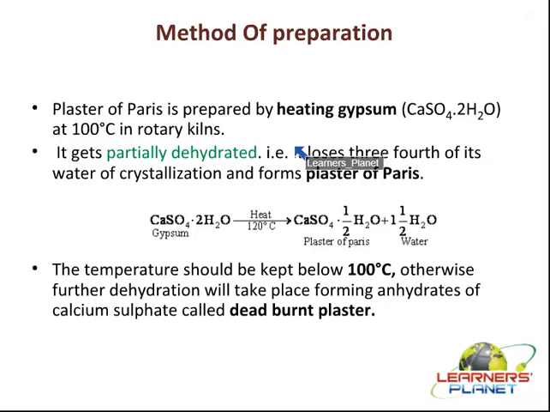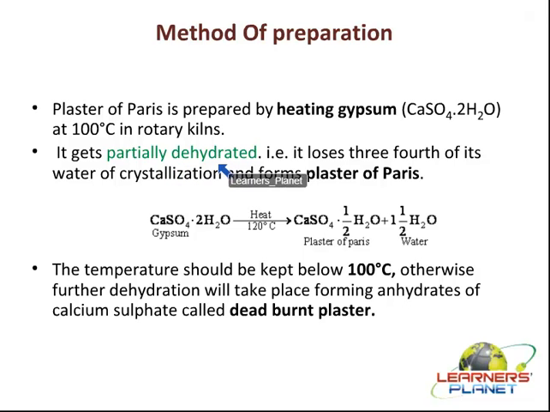Now here, what happens to gypsum? Gypsum is CaSO4 2H2O. What will happen to gypsum? It gets partially dehydrated. Let's just focus on the word partially. It's not complete dehydration. It is partial dehydration. Had it been complete, what would have been the product? CaSO4. That's it.